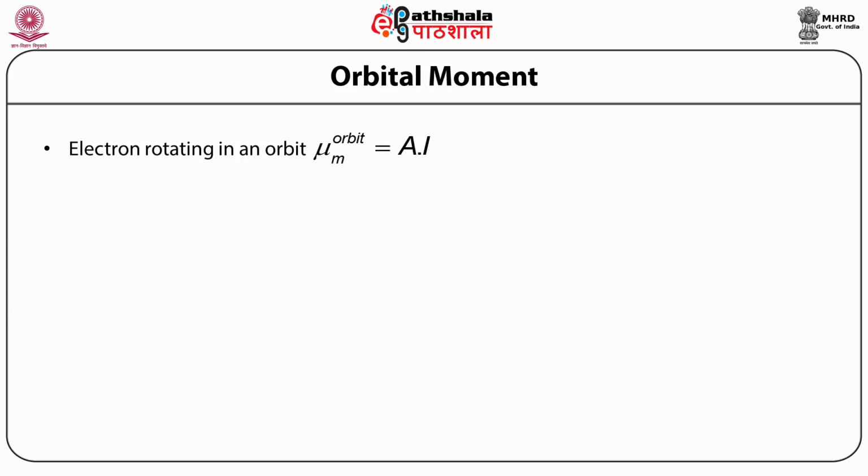As we know, the area is equal to pi r square, that is the area of a circle. And now let us evaluate the expression for the current.